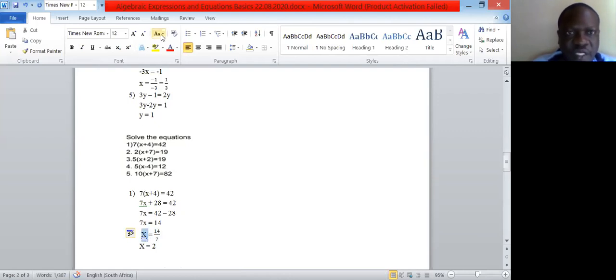So our x takes the value 2. We can check to see if our answer is correct. We substitute for x in the original equation. So 2 plus 4, that's 6. And then 7 times 6, yes, it's 42. So that means we have solved our equation correctly, and our answer is very correct.